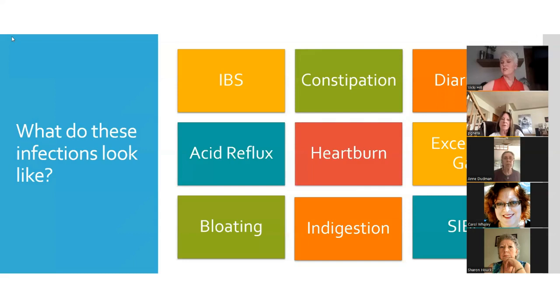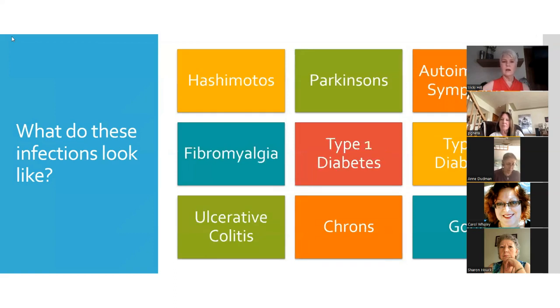So what do these infections look like? Constipation, diarrhea, generally GI problems, okay? Heartburn, indigestion, bloating, diarrhea, things like that. They can also cause Hashimoto's, autoimmune diseases. That's another big one. And then joint pain.